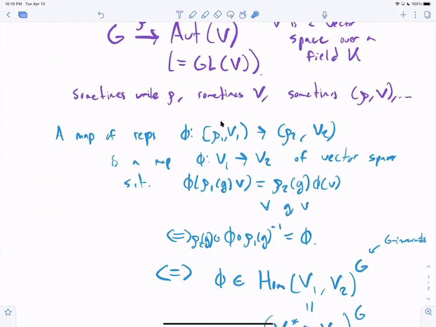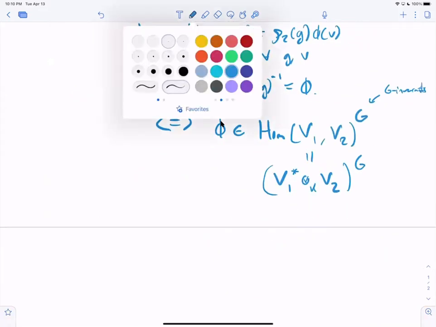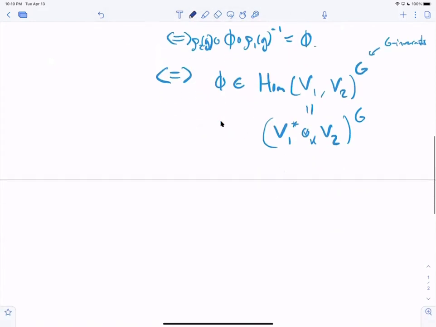Let me make a definition. We want to study building blocks of representations, so we should know what we mean.